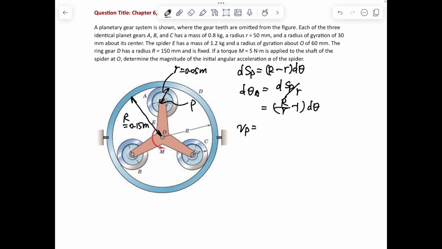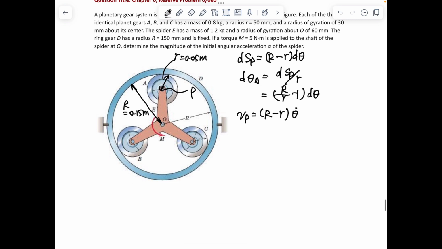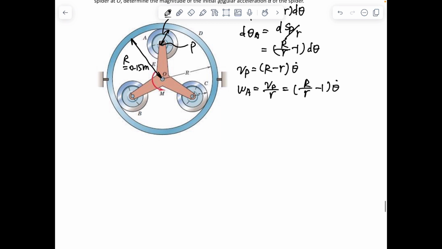Vp is equal to (R minus r) times theta dot. Omega A is equal to Vp over r. This is equal to (R over r minus 1) times theta dot. Then the acceleration of the point P is equal to (R minus r) times angular acceleration.